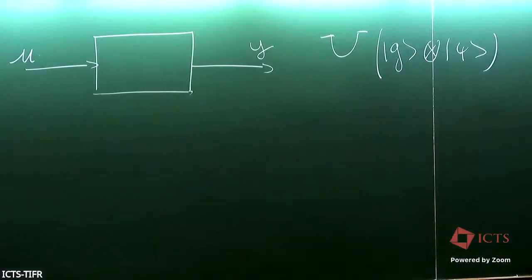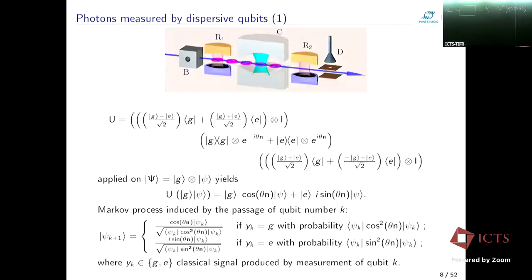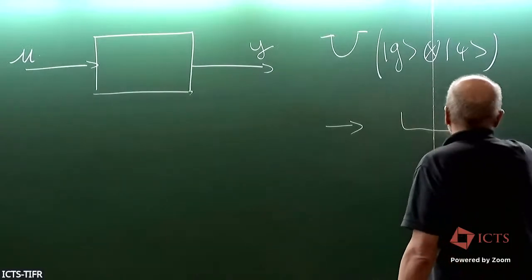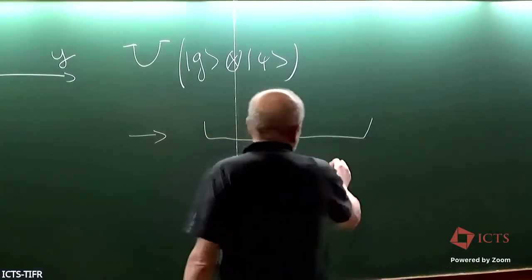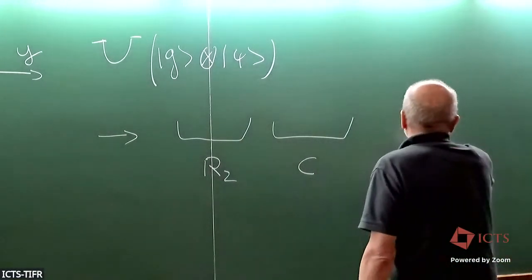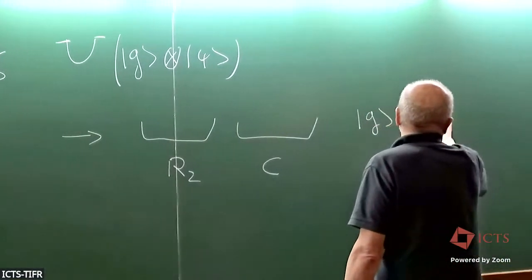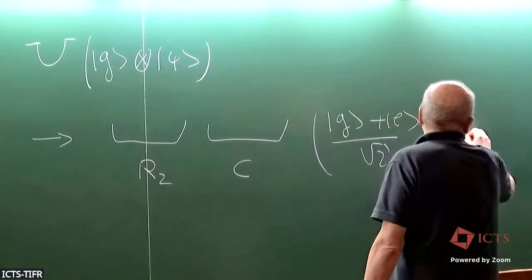First, I have to apply this on this thing here, which means that in the first step I obtain two blocks. This corresponds to what's going on in R2, what's going on in C. And here what I have is just G plus E over the square root of 2 tensor psi.